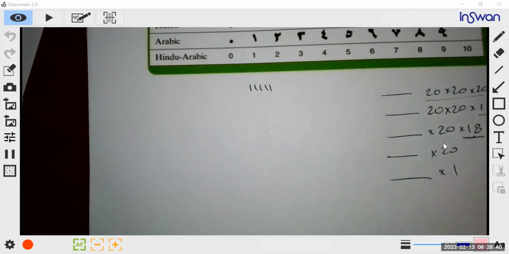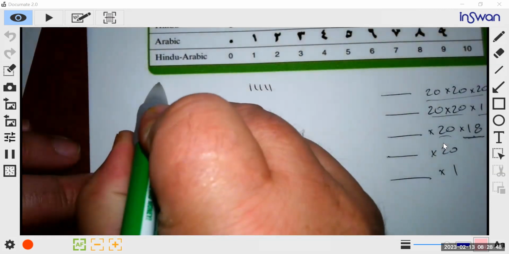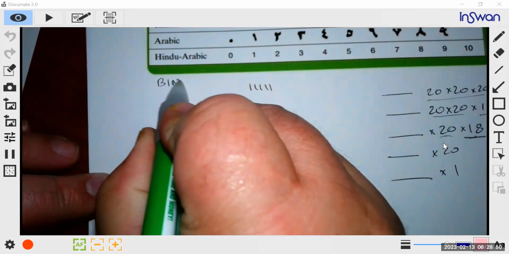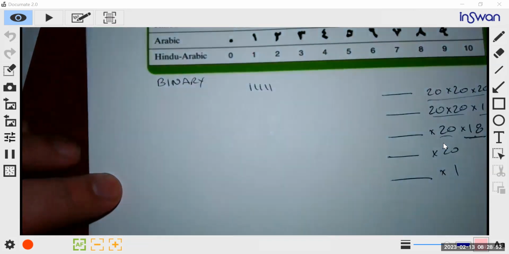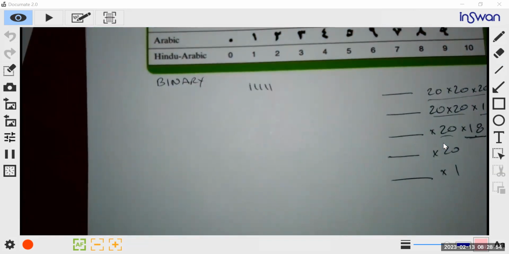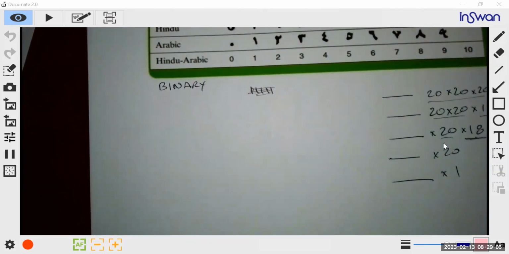But then the 20 repeats itself. It's a base 20 system. And also, I'm gonna put another one here, binary. But we'll talk about that last.